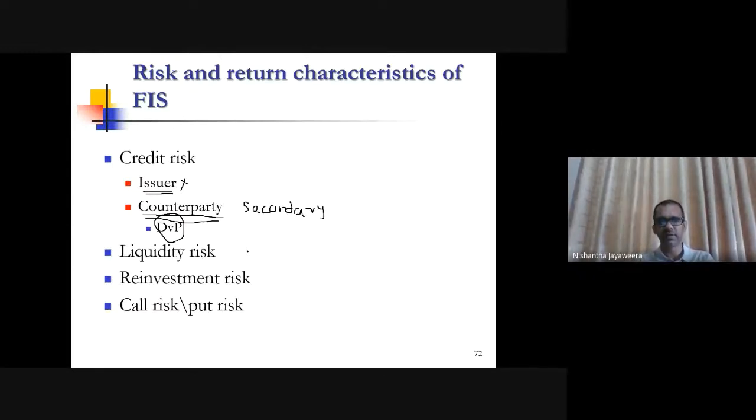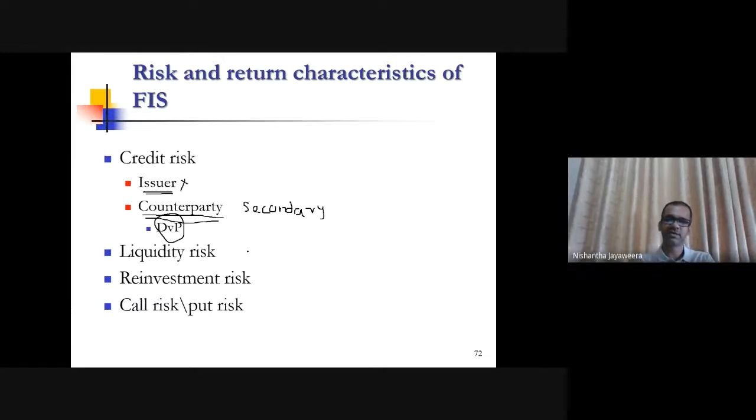If one of the parties fails to deliver, then the transaction will not take place. Funds will not flow through. If the buyer has delivered funds but the seller has not delivered bonds, then the fund transfer would not happen. Funds will still remain in the buyer's account.